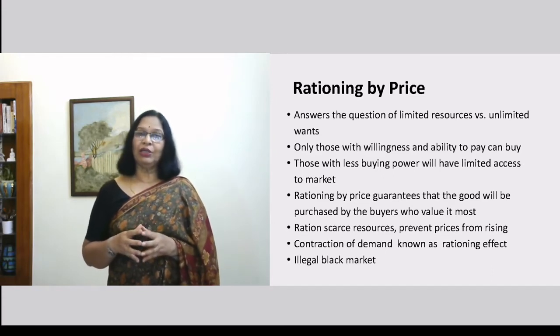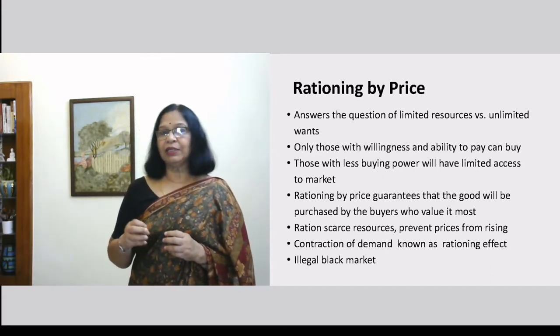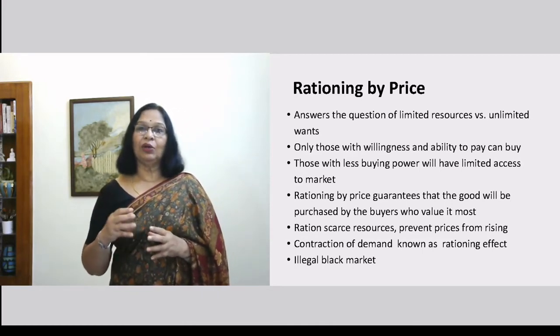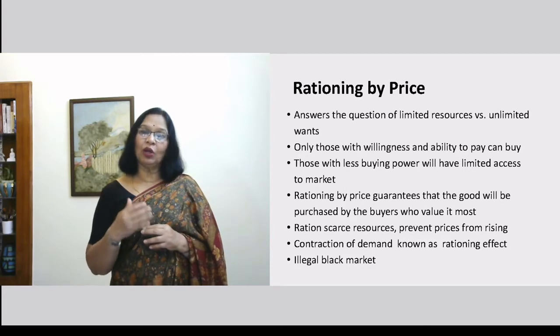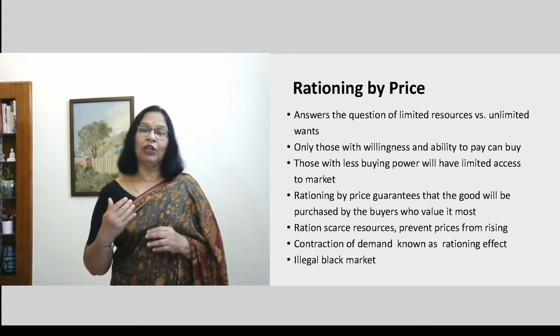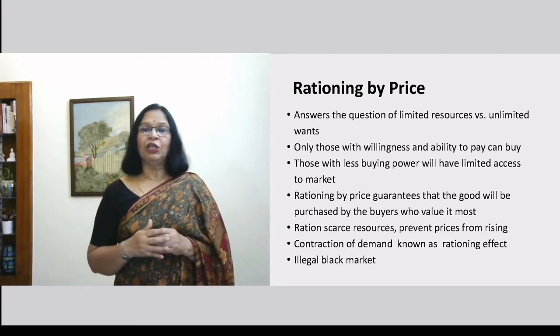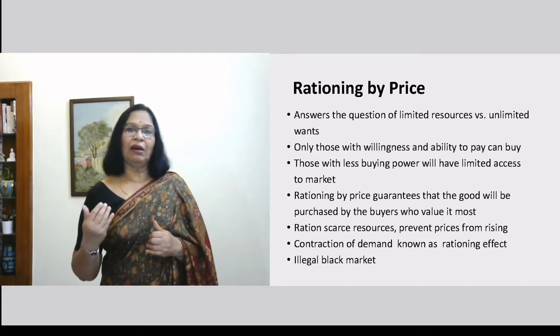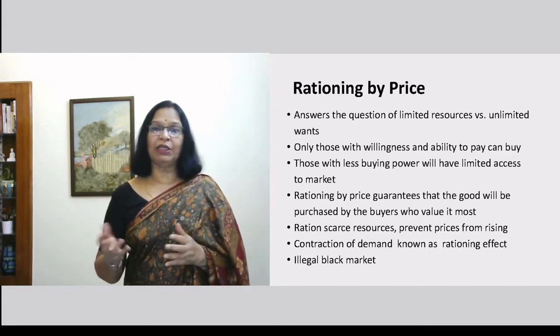So when rationing is done, everybody is assured of a small quantity of what is available. Then those who feel that they do not need that commodity may actually withdraw from that market. Those who can buy an alternative would leave this market and buy some other commodity.